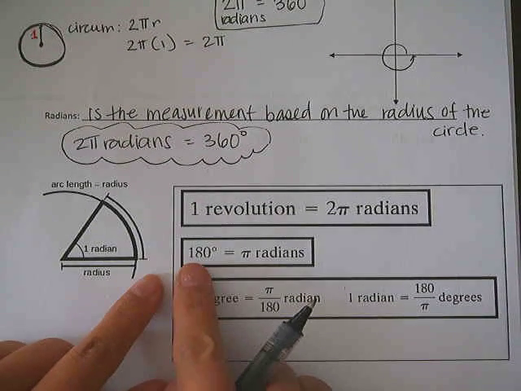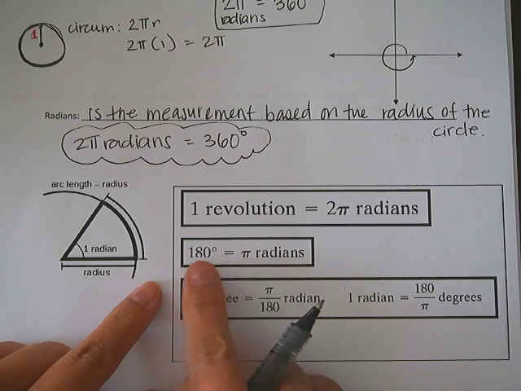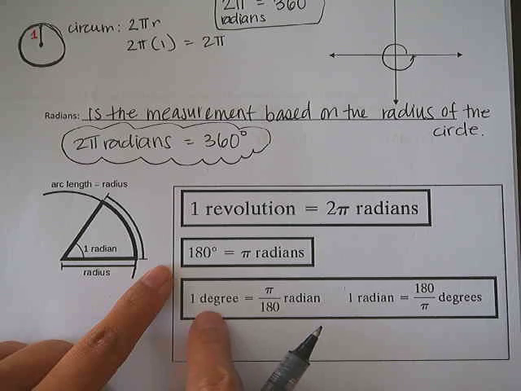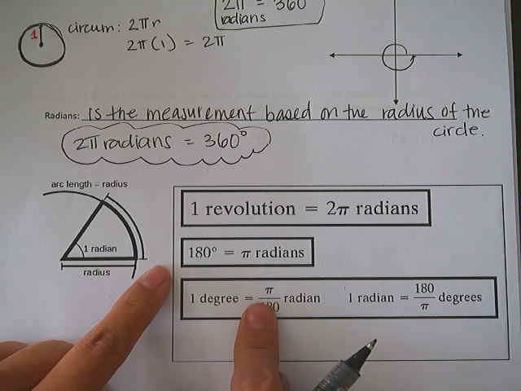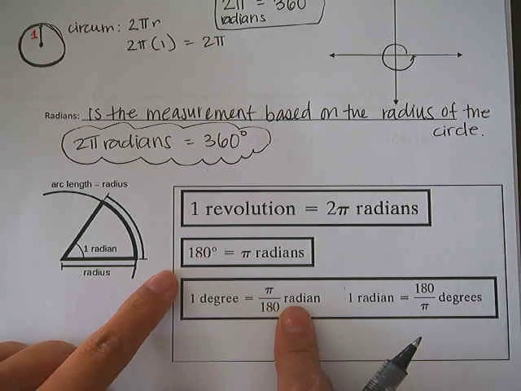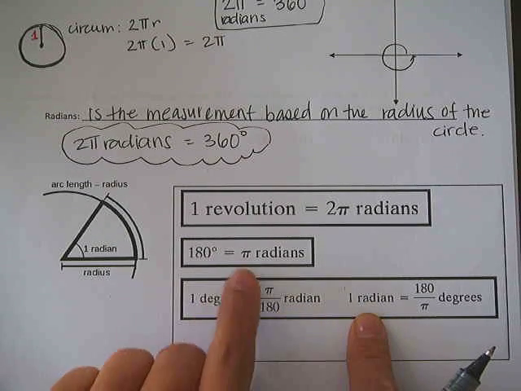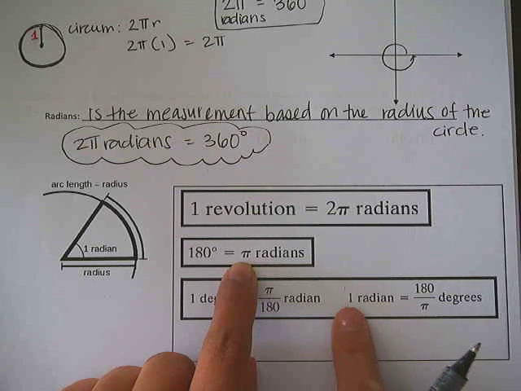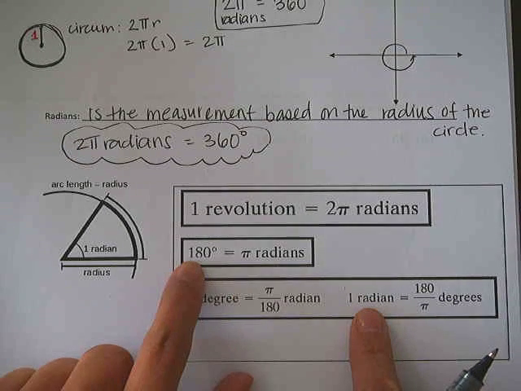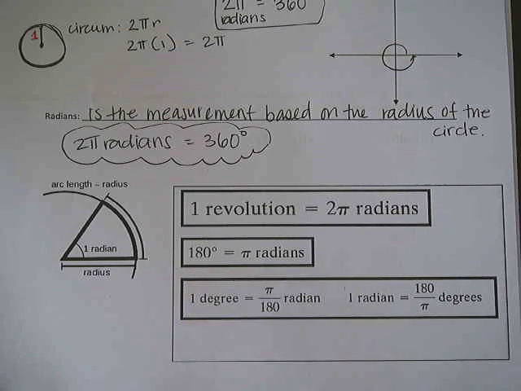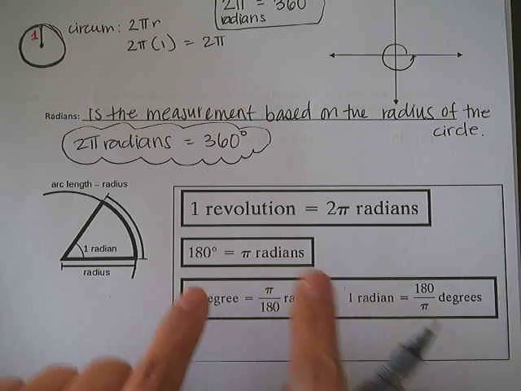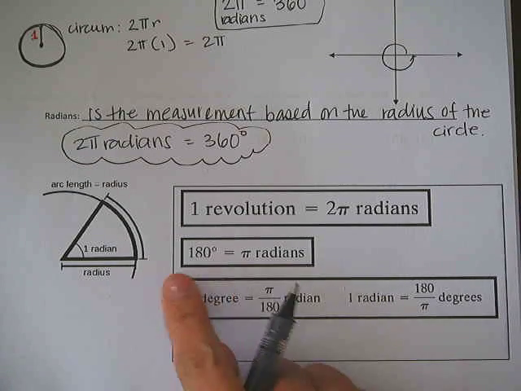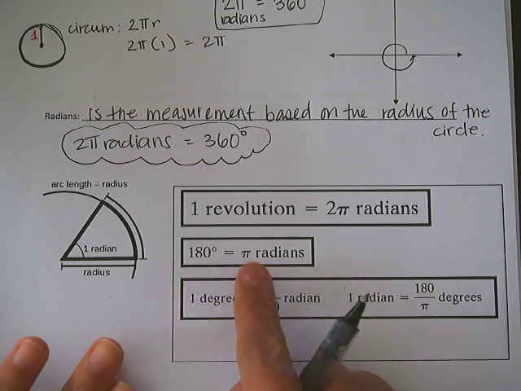Now, if I divide each side by 180 degrees, would you agree that 1 degree equals 2 pi over 180 radians? And if I take this equation and divide both sides by pi, then 1 radian equals 180 over pi. So these two bottom equations are just dividing by the opposite piece, so 180 or pi.